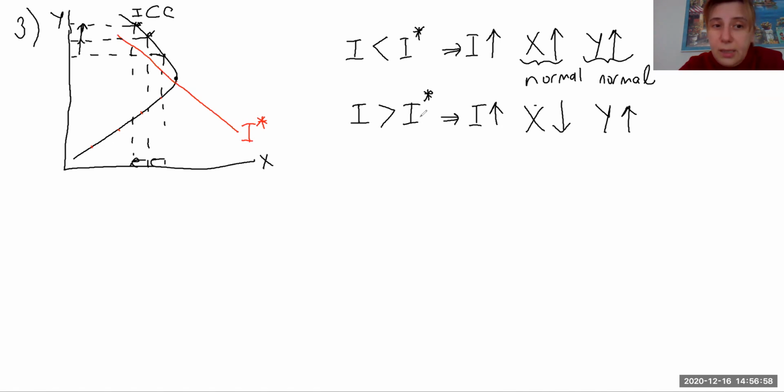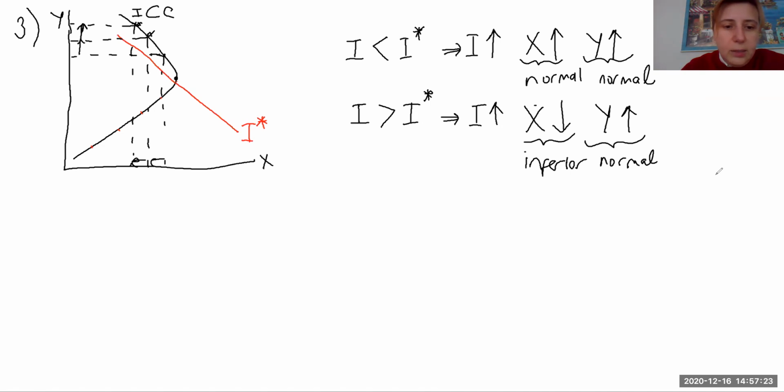So in this case, we can think that good Y is always a normal good for this consumer. However, after the I star critical income level, good X is becoming an inferior good for the consumer. Just the reverse of the second case.